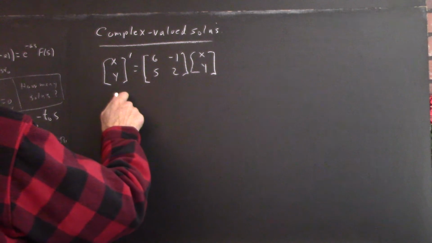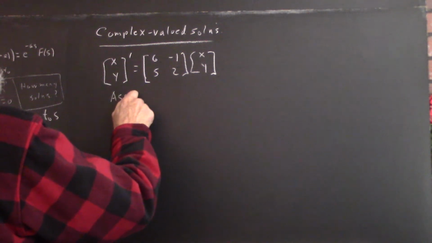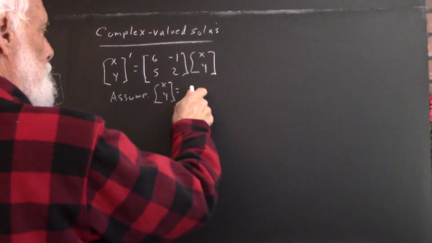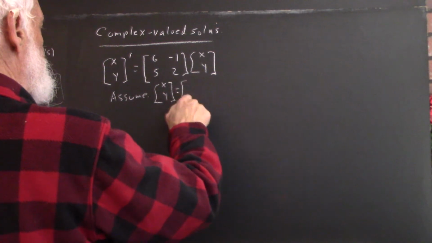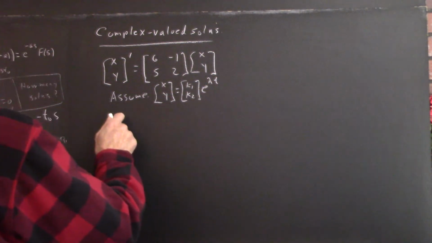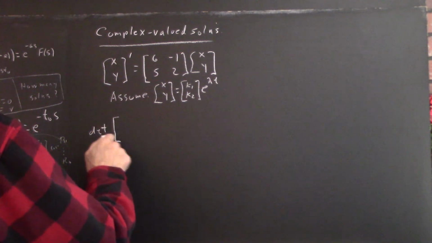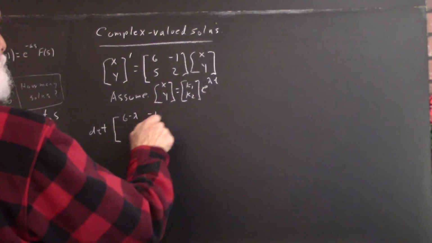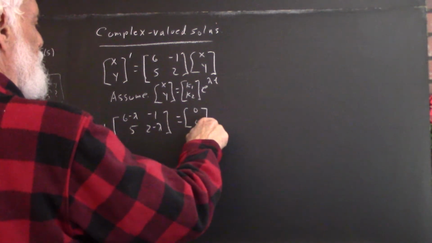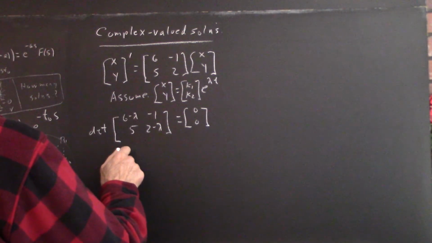Okay, then assume that x y is a multiple of e to the lambda t, and you get the determinant of 6 minus lambda, negative 1, 5, 2 minus lambda has to equal 0.